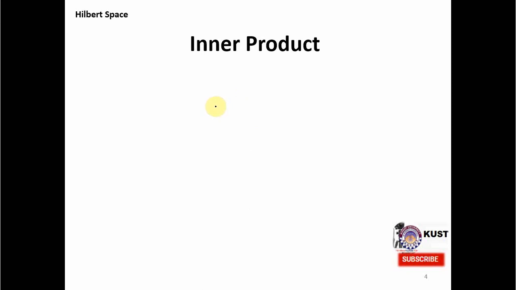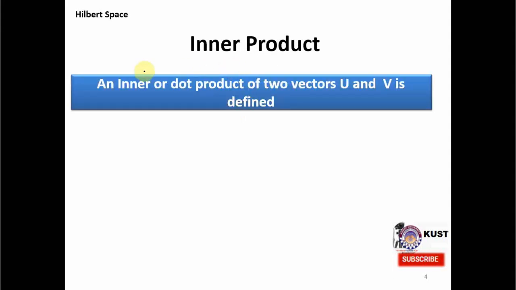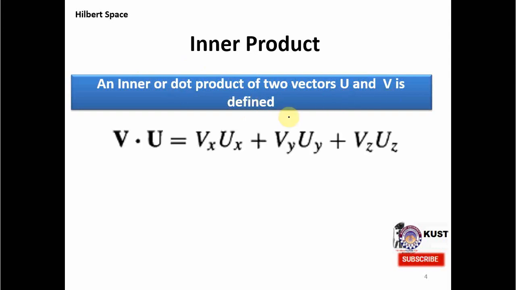But then the second, most important property we want to check is whether an inner product, or in other words a dot product, exists. It is defined as follows: if we have two vectors, let's say u and v, we take the dot product between them like this.